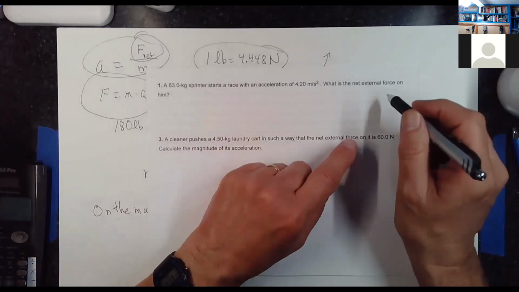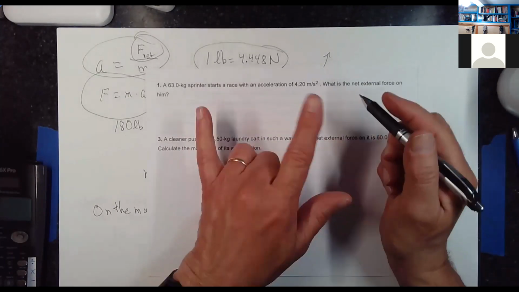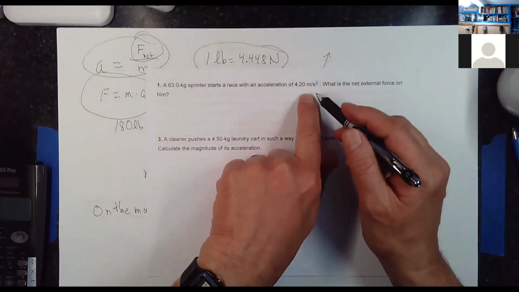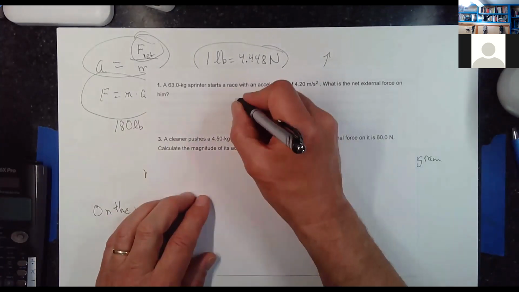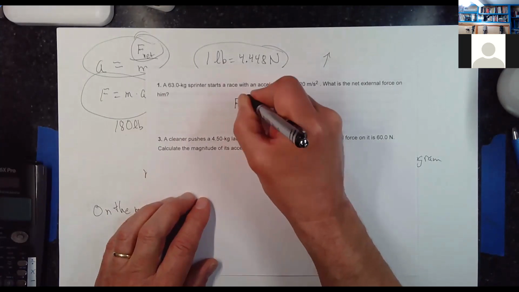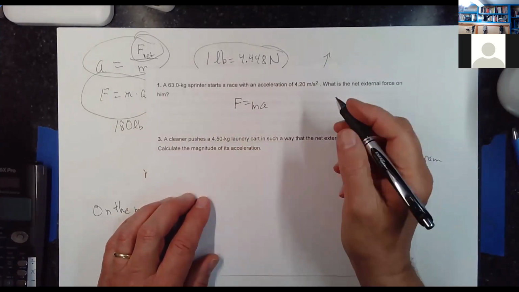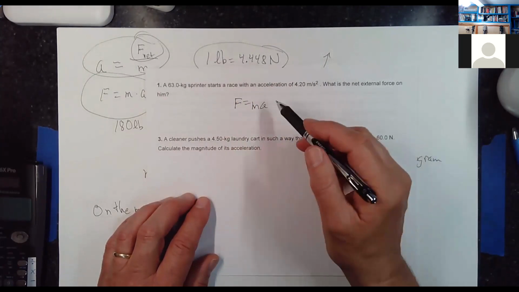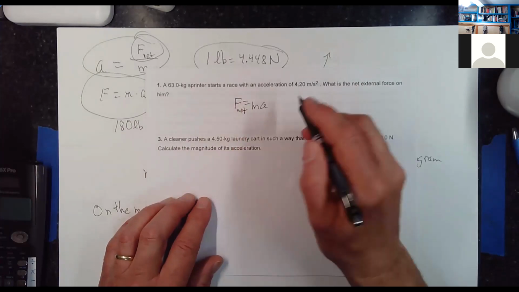Let's see, what is the net external force on him? Well, this is a case where we know what the acceleration is ahead of time, and we know the mass of the object. So it's just going to be F equals ma, and the net force will equal that.